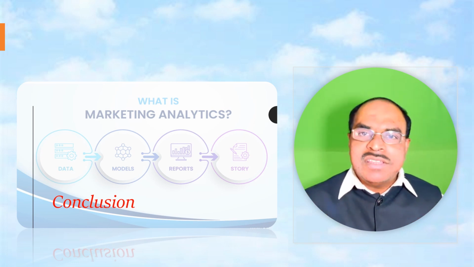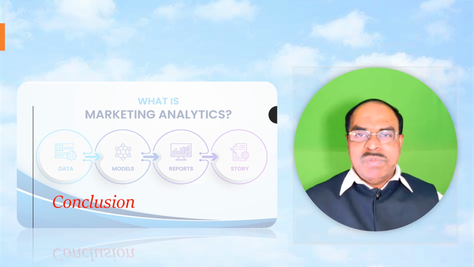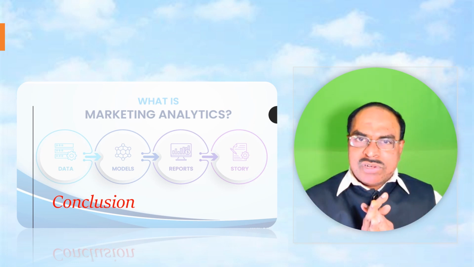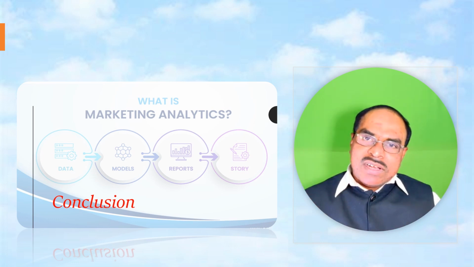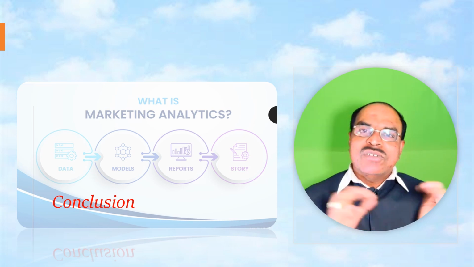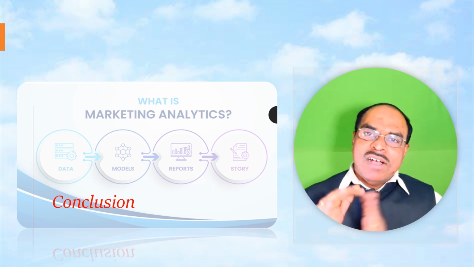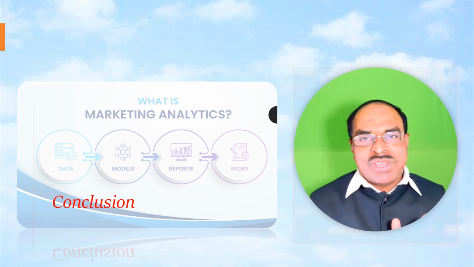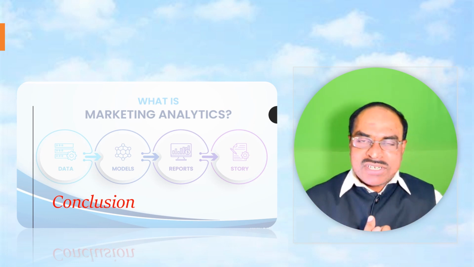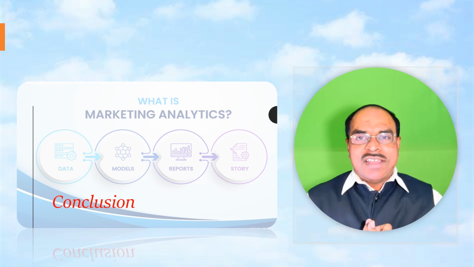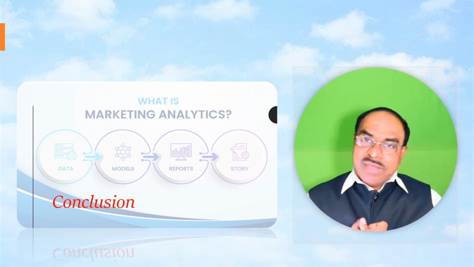Then immediately the real-time report will be generated. Once the real-time report is generated, the customer buying process is converted into a story. So we know clearly how the story begins, how the story ends. So the entire customer life will be measured in marketing analytics. That is the core aim of marketing analytics.